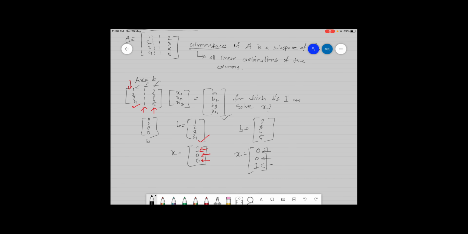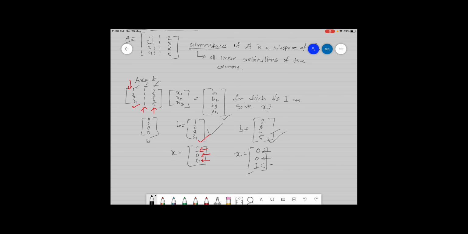Then we can achieve this solution b. Okay, so we can reach this combination as well. So as you can see here, depending on the combination of the columns, we can achieve different b's.